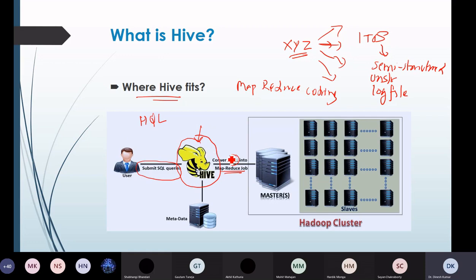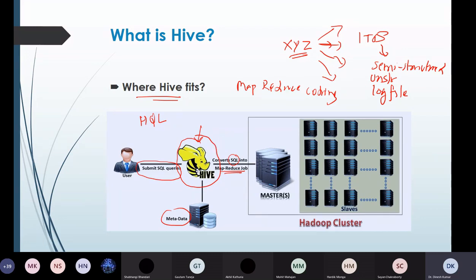Now this component converts those queries into MapReduce jobs and then distributes them to the Hadoop cluster. And it also stores the data in the form of metadata. What are these components? I will discuss later on in my presentation. So this is a very important component with respect to processing a large amount of data.